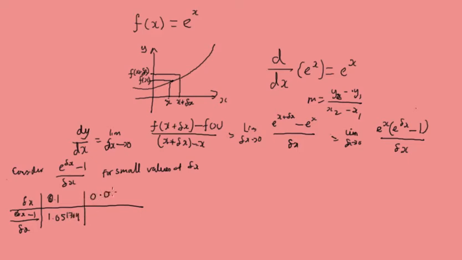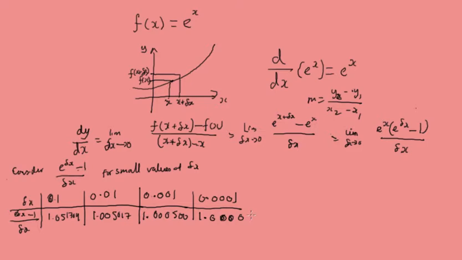For 0.01, it becomes 1.005017. And you can see as we get smaller and smaller values of dx, this is heading closer and closer to 1. And you can keep going, and keep going.